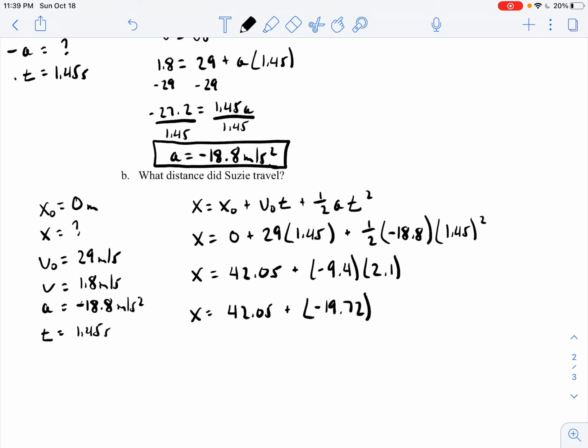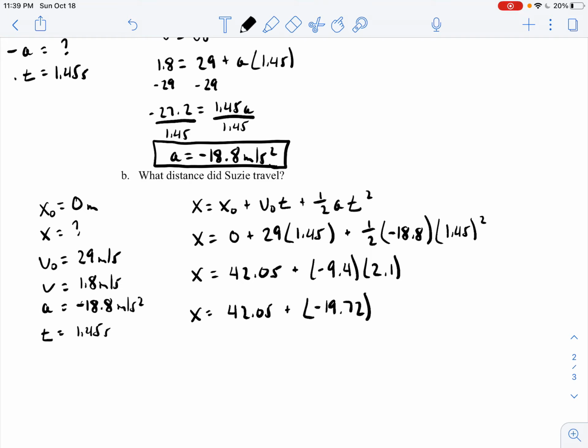Again, when I plug these values into the calculator, I use the unrounded ones. So instead of it being 9.4, it's really negative 9.379. So what I plugged in my calculator was a full number, but just in writing it down, I simplified a little bit where I rounded, but this would be our unrounded answer down here for our negative 19.72.